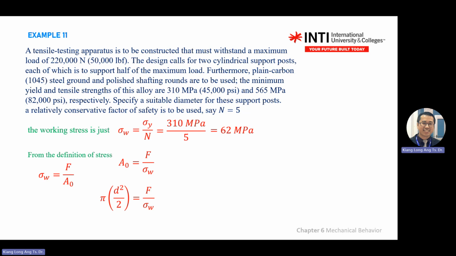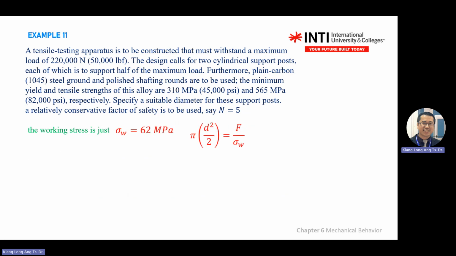It should be squared. Then with the force, you find the diameter. You rewrite this equation, right? The square I should put outside; there's a 2 here, I should put it outside the bracket. Typo error in my slides.